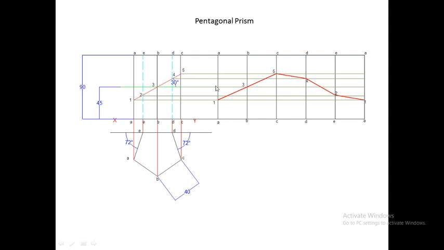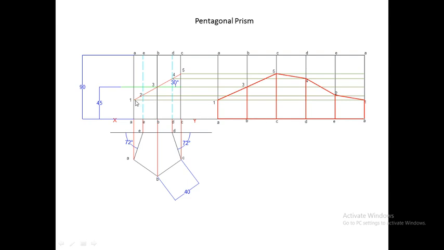Also these projection lines should be light. Now we will darken the remaining edges one by one. So vertical edge 1 to A, 3 to B, 5 to C, 4 to D, 2 to E, and 1 to A, and finally the base. So only this part should be dark, because the upper part is not retained, so it should be kept as light, whereas the lower part, which is the retained portion, should be dark.